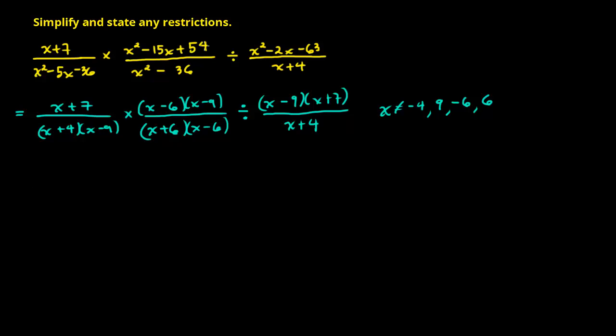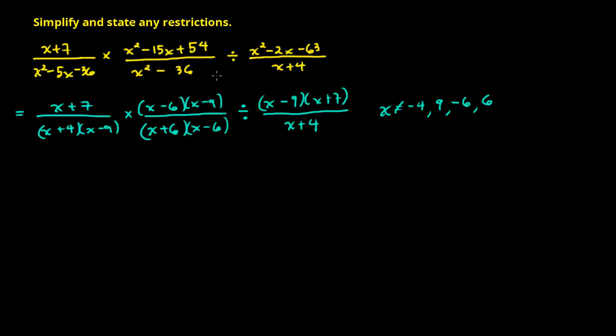So now, first off, I can do some simplifying. In the product that I'm multiplying, x plus 7 over x plus 4 times x plus 9 times x minus 6 times x minus 9 over x plus 6 times x minus 6.